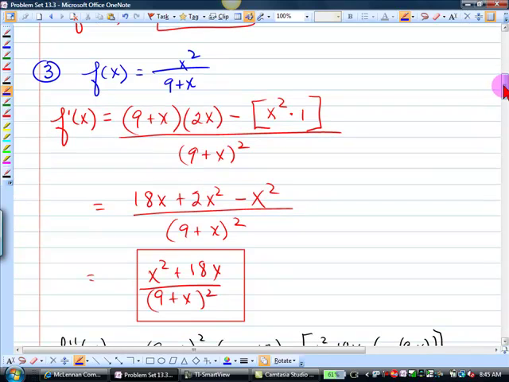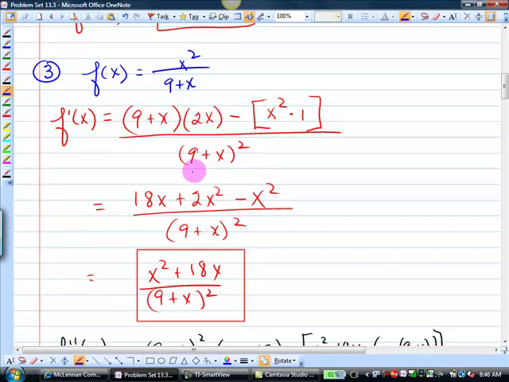All right. 3 is a quotient. So if you're going to have to do the second derivative, you're going to end up taking that, doing the quotient twice. Okay? So remember that it's the bottom times the derivative of the top minus the top times the derivative of the bottom over the bottom squared.